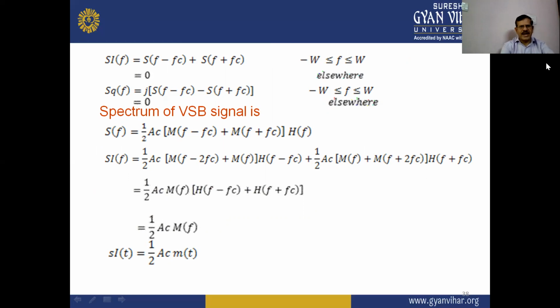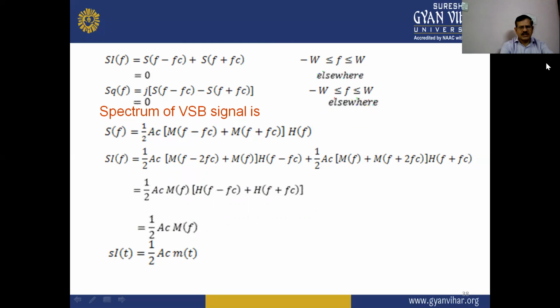S_I(f) equals S(f minus f_c) plus S(f plus f_c), for f between minus W and W, and 0 elsewhere.